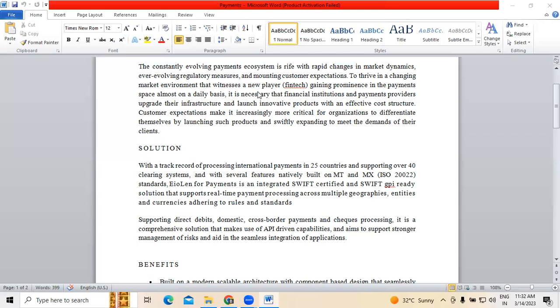So whatever product EOLN is going to develop is not confined to a particular geographical location; it spreads across different geographies, where it can support the product they are developing. It can support irrespective of the currency that geographical location has, followed by the rules and the standards that location consists of.